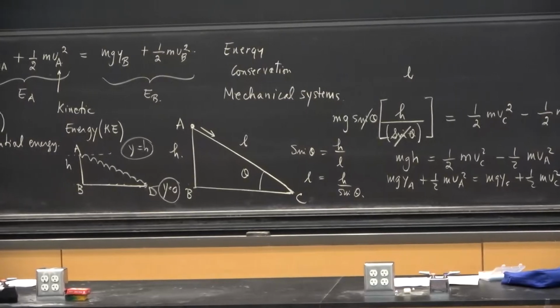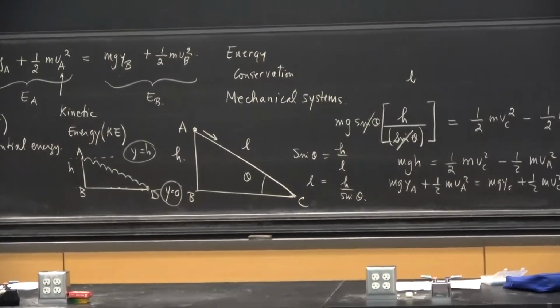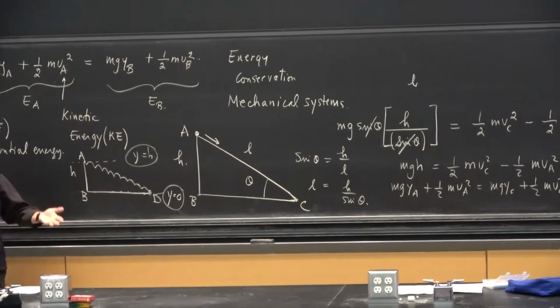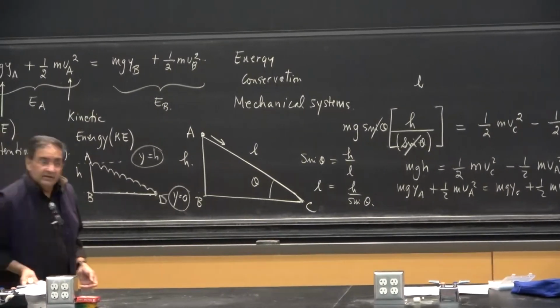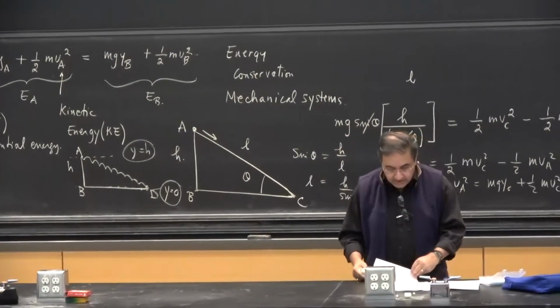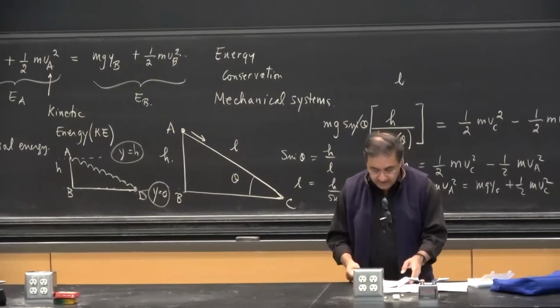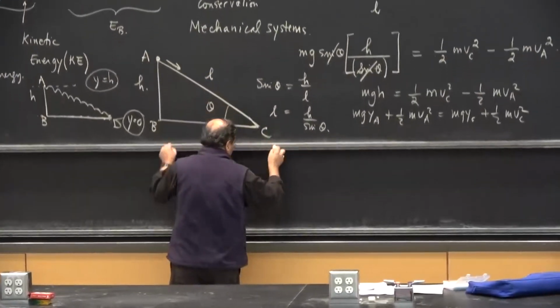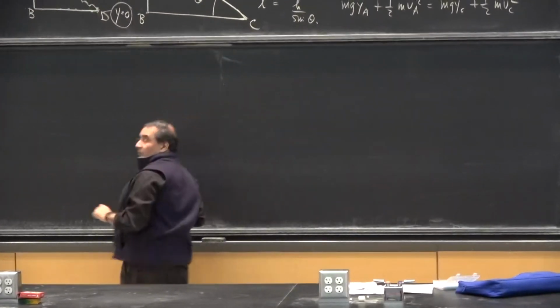I defined the zero level on the ground. But the detail of the path goes away as per physical laws itself. So it doesn't really matter what route I take. This is what's going to happen. Any questions?